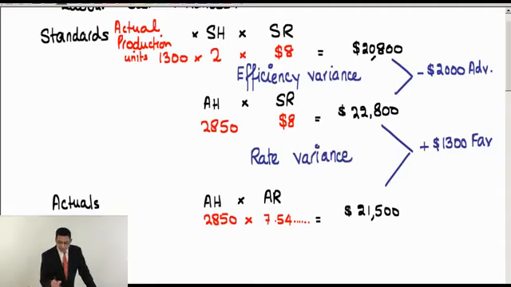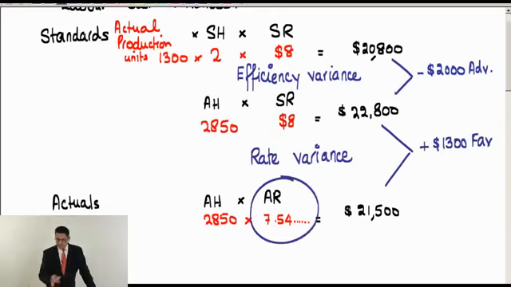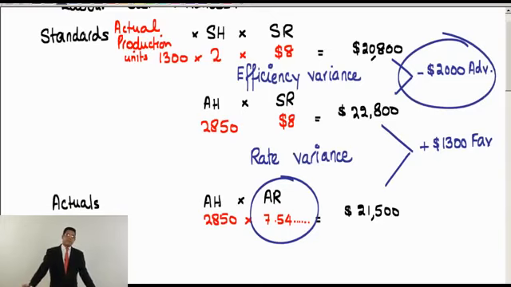And you can actually compare as well. Standard rate was $8 and actual rate paid was slightly lower than the standard rate. And I think that can also give me some more understanding why efficiency was adverse.